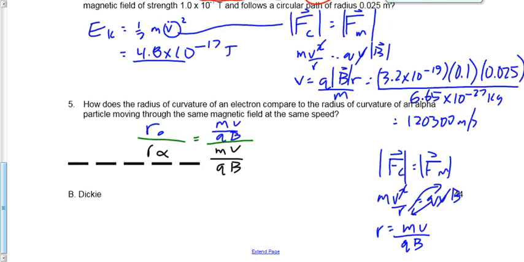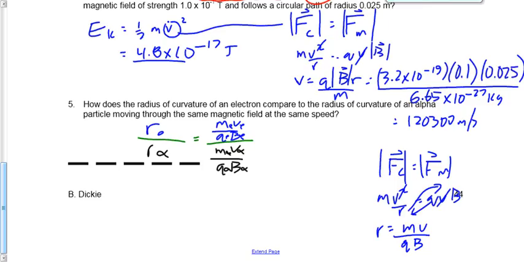What's in blue there is for the electron. What's in black there is for the alpha particle. You could put subscripts beside it as well: me, ve, qe, be, m alpha, v alpha, q alpha, b alpha. There we go. Boy, that's an ugly looking equation.